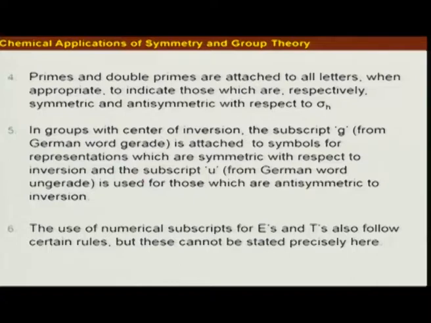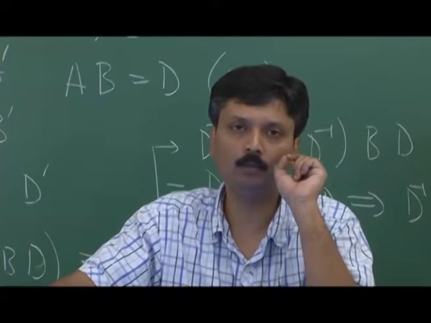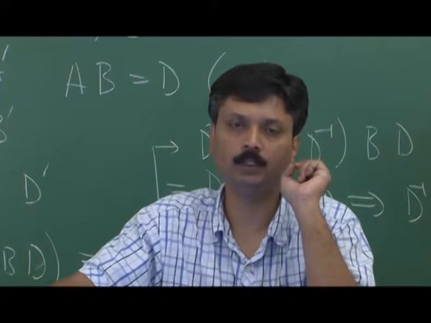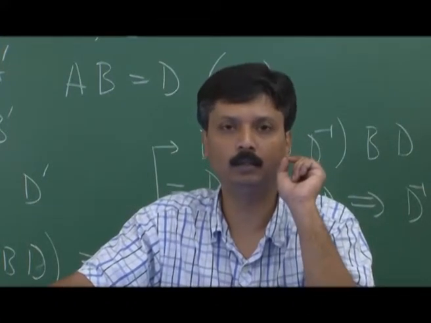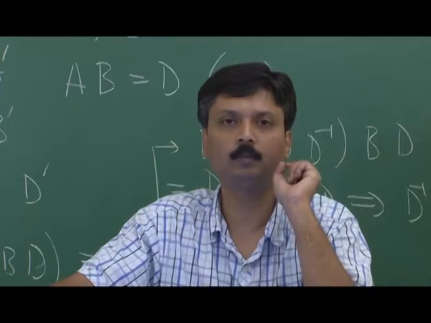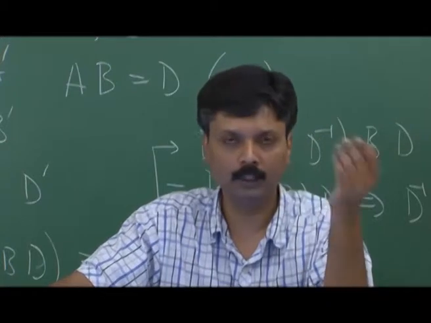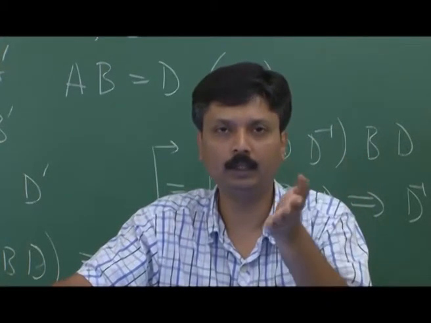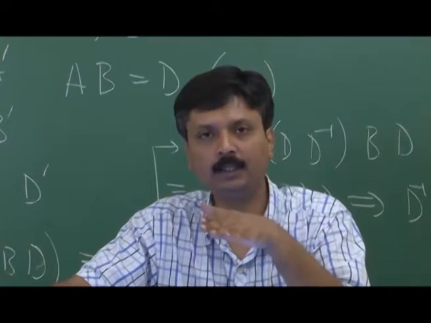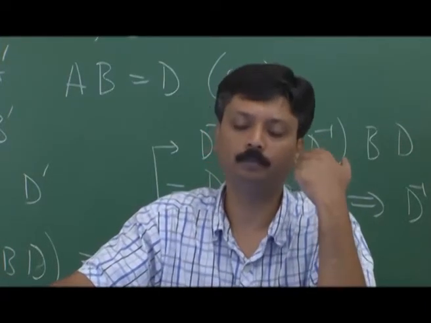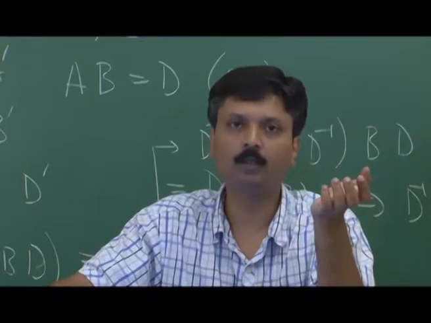In certain cases, we will have point groups with inversion symmetry as one of the symmetry elements present. So in those cases, particularly, we look at the characters for this inversion operation, and if the character is symmetric, that is +1, then we will have subscript g with the terms like A, B, or E, and if it is antisymmetric, that is -1, then I will have subscript u.